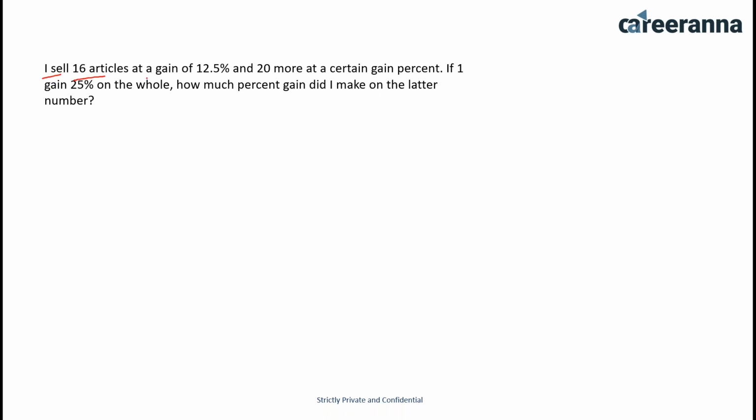I sell 16 articles at a gain of 12.5%, and 20 more at a certain gain percent. If I gain 25% on the whole, how much percentage gain did I make on the remaining articles?